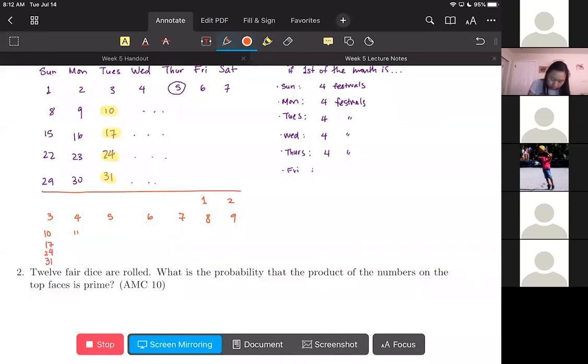And then this is going to be 11, 12, 18, 19, 25, 26, and so on. So the first Thursday is going to be the 7th, and then the festival days are going to be every Tuesday afterwards. So there's actually only 3 in this case.